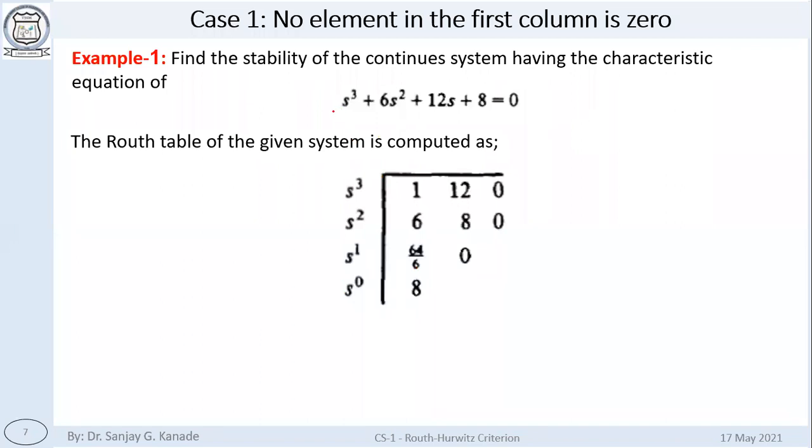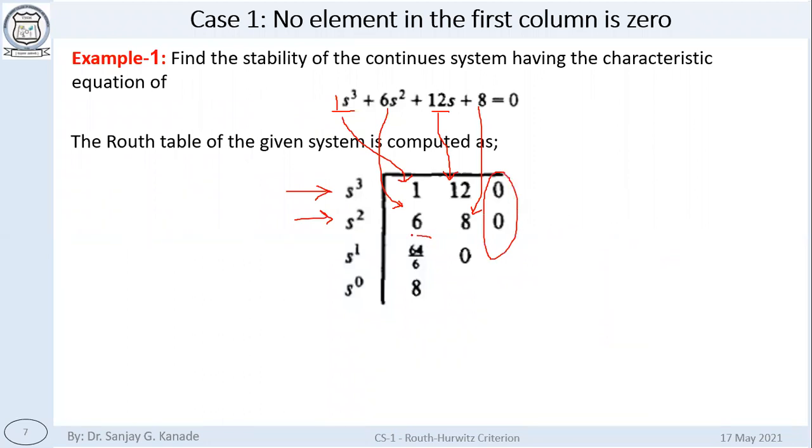You can see here the s cube row and s square row. We are taking it directly from the polynomial. So what is the coefficient here? This is 1, so it goes here, and 12 goes here. Alternatively, 6 comes here, and 8 is here. This 0 is just for reference for calculating.